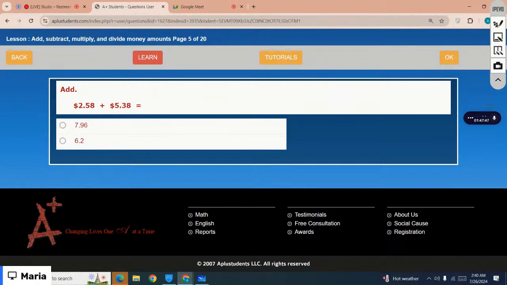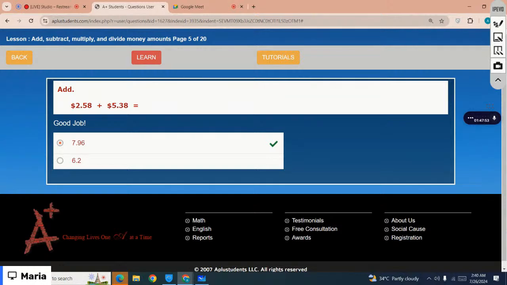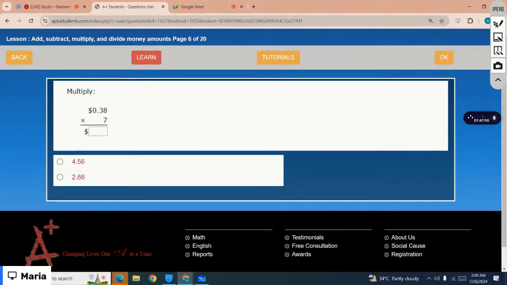That is 7.96. Option number one is the correct option. Okay, 0.38 times 7.